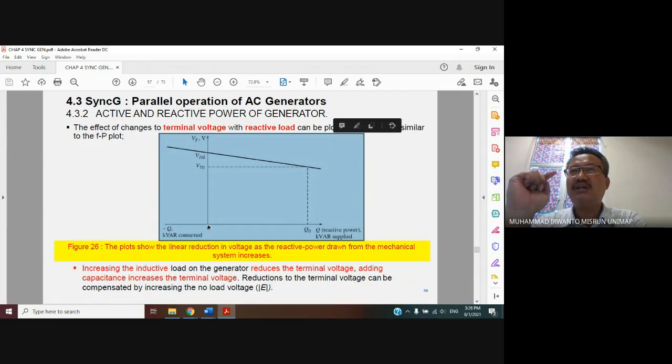For the capacitive power we can also write minus. Minus indicates more capacitive.